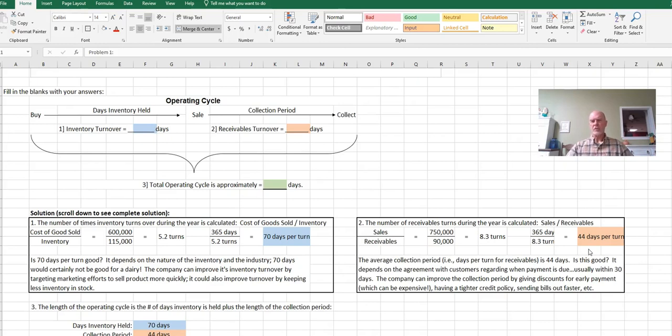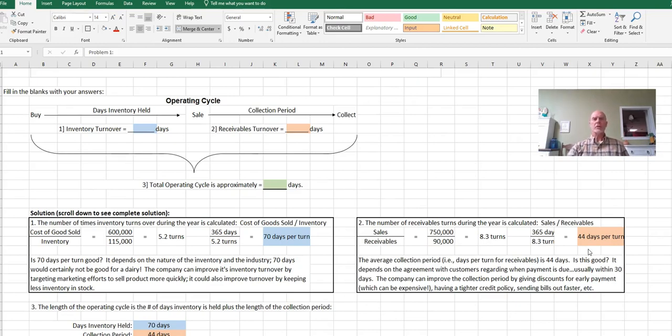It could be that we're just being too loose in approving credit, and maybe we need to tighten up that policy, run a better credit check on customers. And there's other ways we could try to encourage them to pay early as well, maybe giving a discount or something, but that could be expensive.